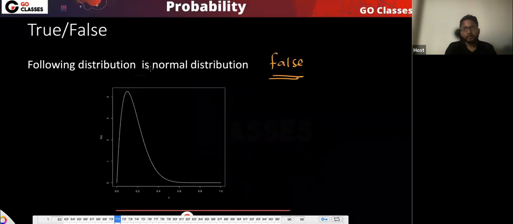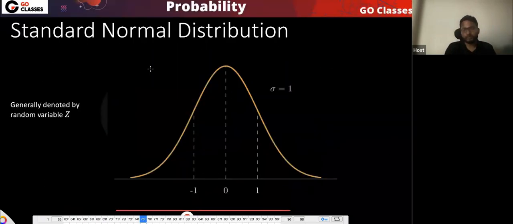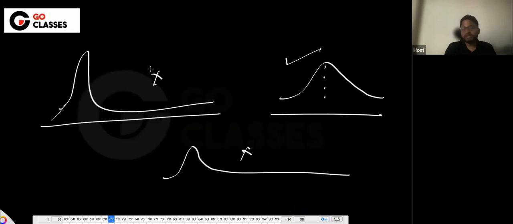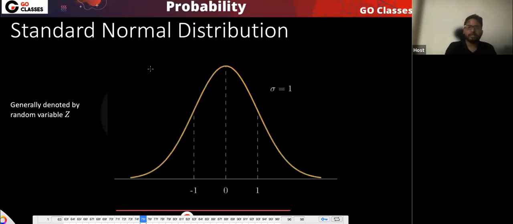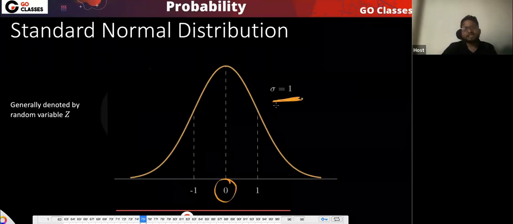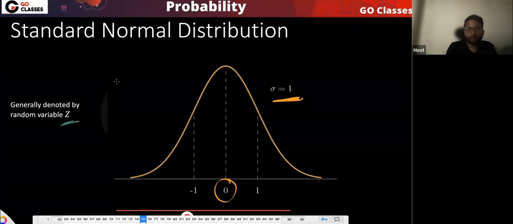Okay. So there is something called the standard normal distribution. See, in the normal distribution, your mu and sigma could be anything. Mu could be 5, sigma could be 1, like this, right? Now, in the standard normal distribution, if mu is 0 and sigma is 1, then this kind of normal distribution is special, and I will call it the standard normal distribution. That is all. Generally we denote any random variable by X, Y, right?